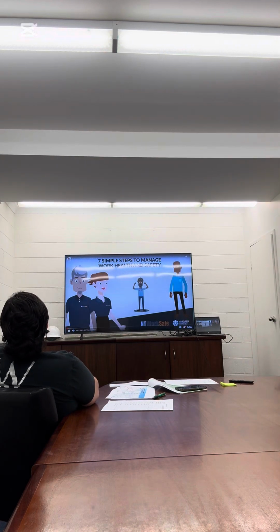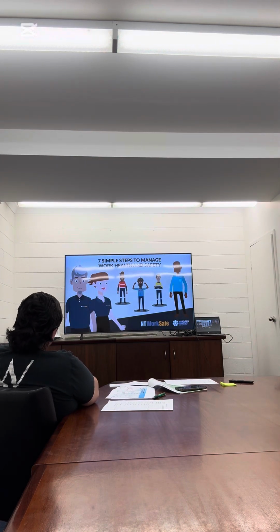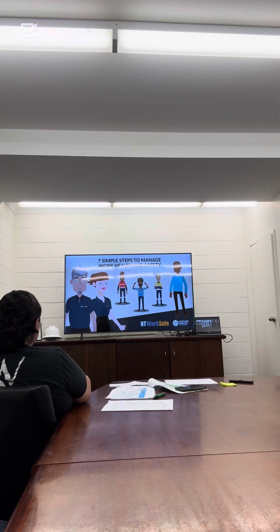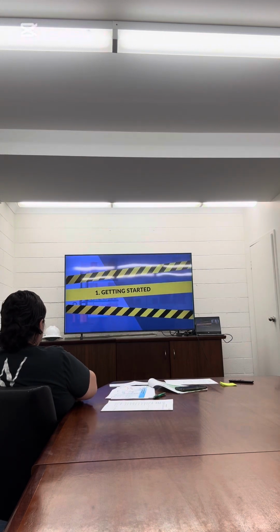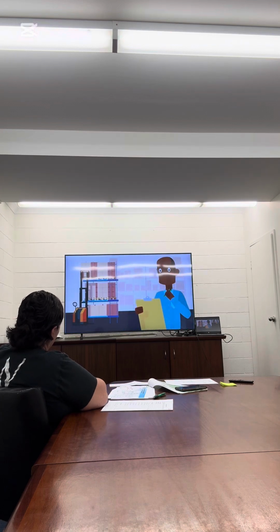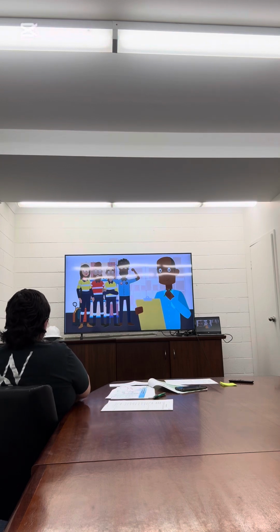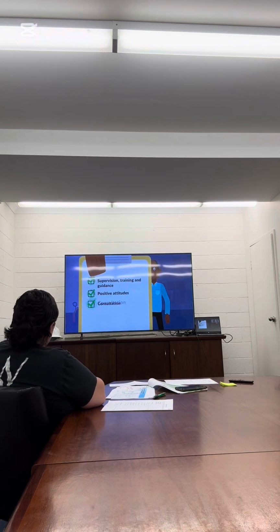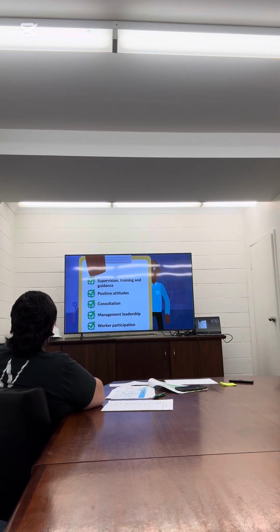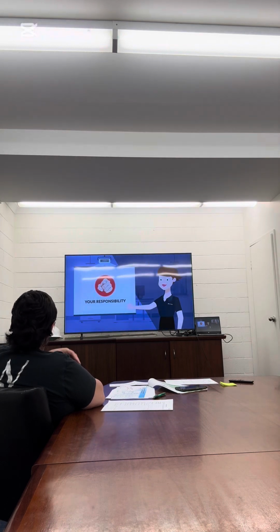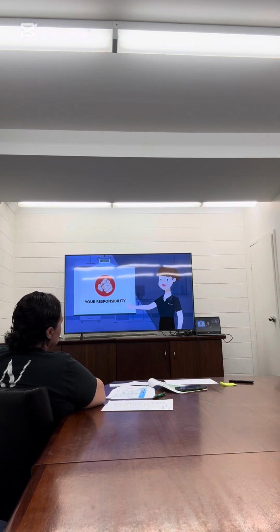This short presentation will provide you with 7 simple steps to manage your work health and safety in your business. Getting started. Successful safety cultures are led from the top, where your actions and attitudes send a message to your workers that you're serious about their health and safety. Effective safety management in a workplace requires involvement from everyone to make it safe. To do this successfully, people need to understand their responsibilities and how they can meet them.